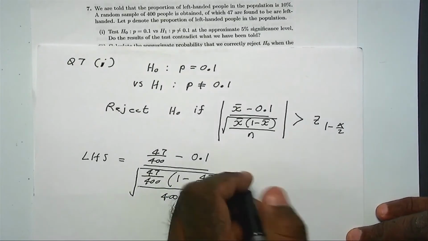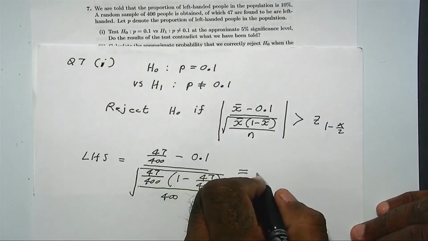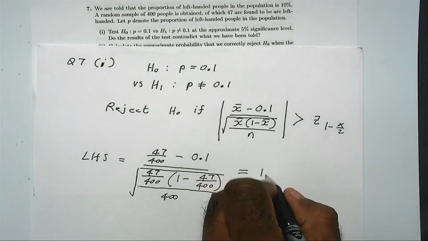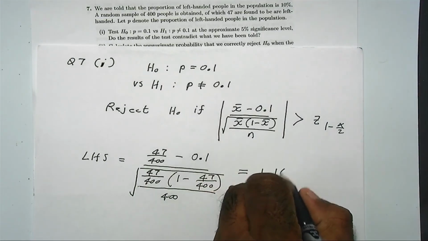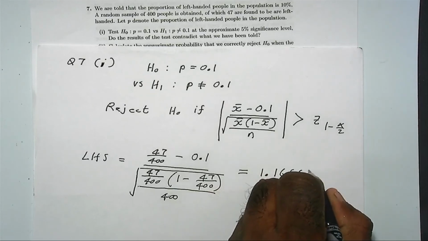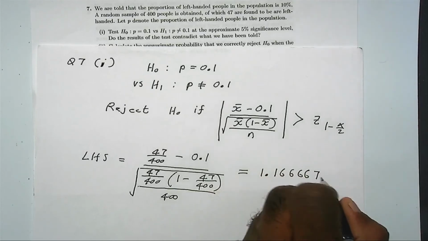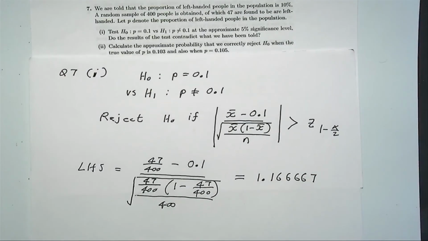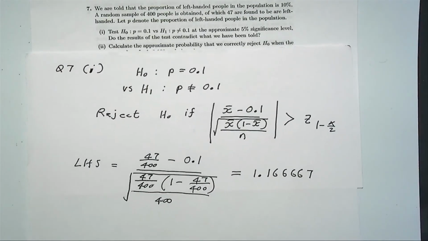Okay, so if you work it out, you get 1.166667. So that's the left-hand side. Now the right-hand side, we want 5%, so alpha is 0.05.